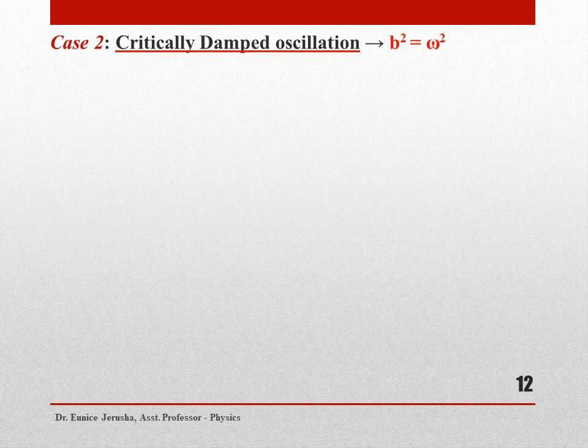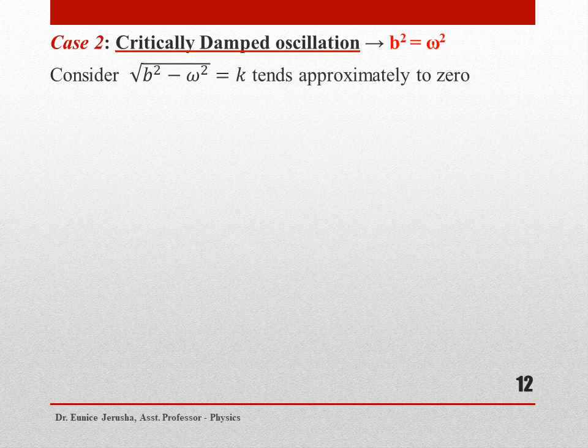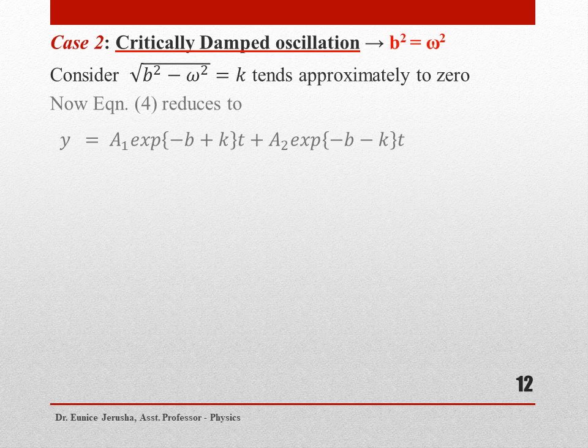We consider another case where we have b square equal to omega square. Therefore, the square root of b square minus omega square, which we assume to be small k, tends approximately to 0.